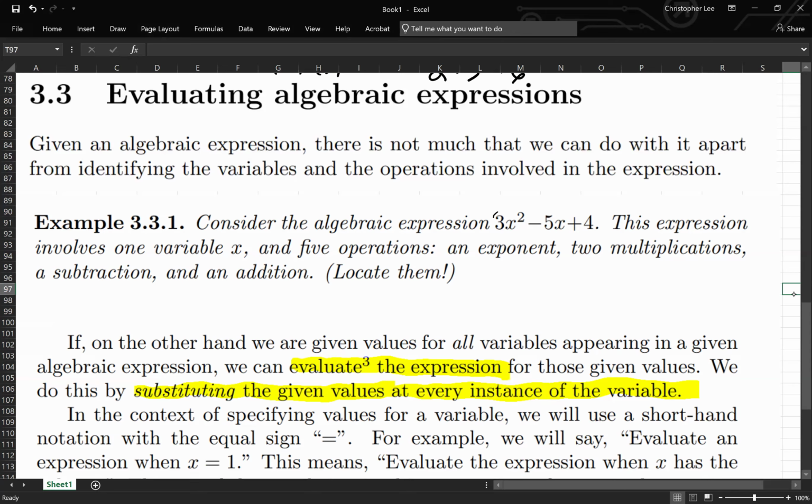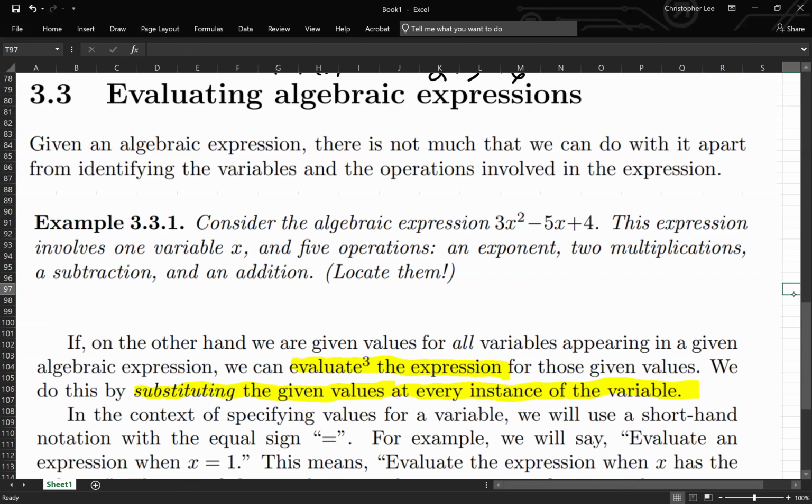So you see how we have the 3 and then the x squared, that's a multiplication. And we have the -5 and the x, that's another multiplication, right? A subtraction, right? Here goes our subtraction right there. And an addition. Here goes our addition right here. Okay. Questions on this?